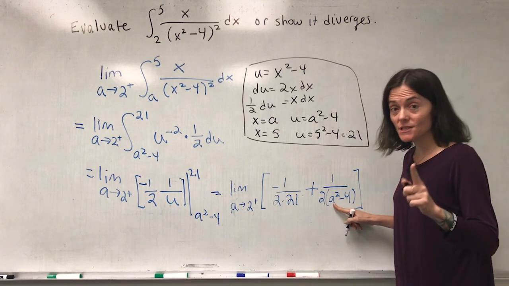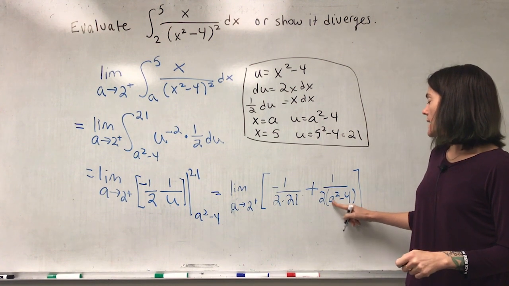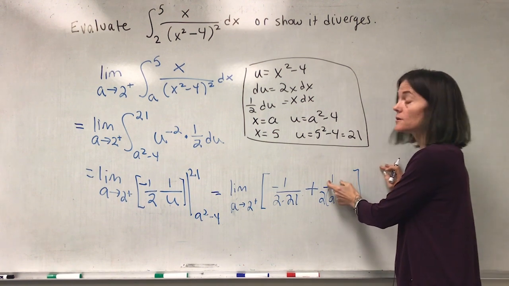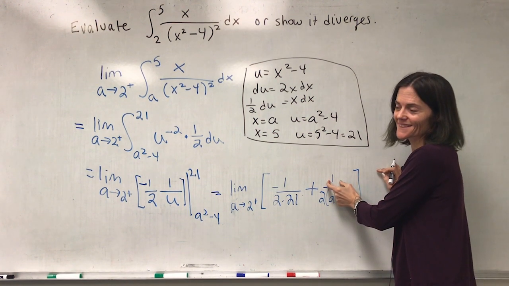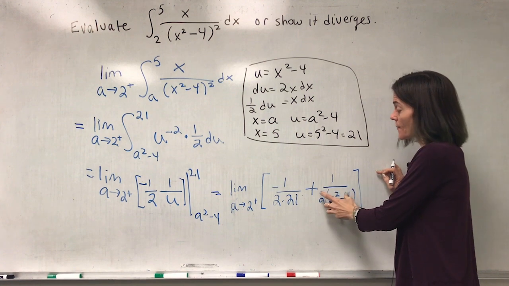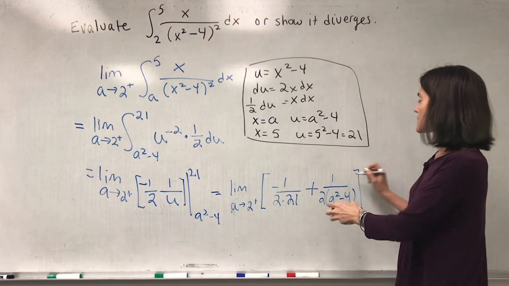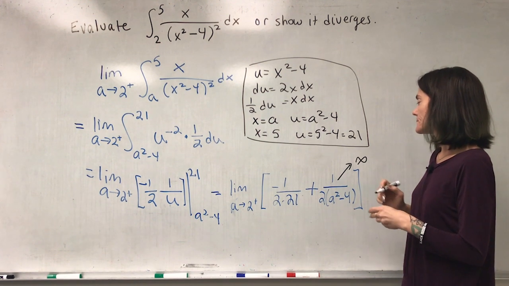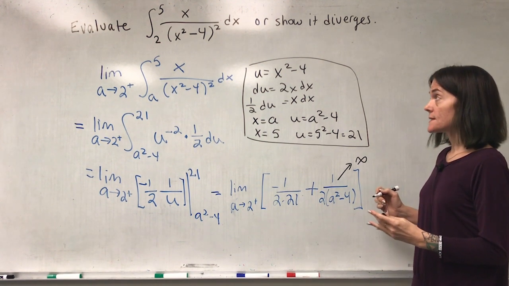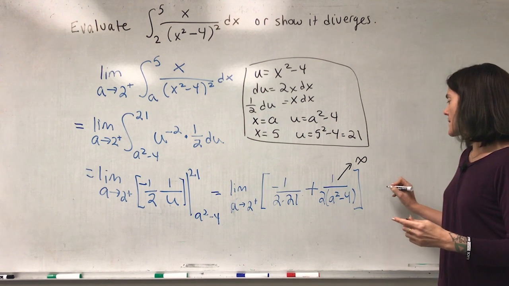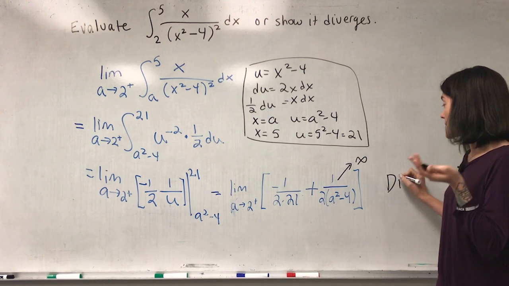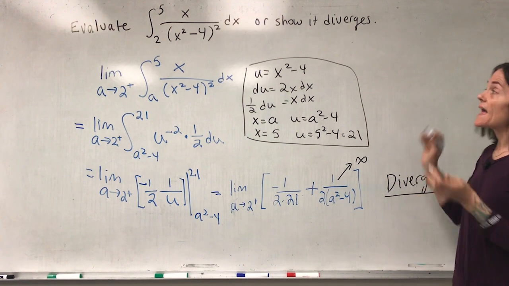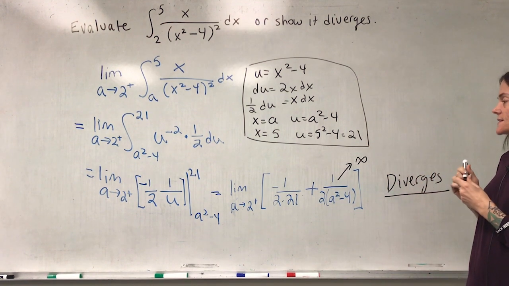Well, as a goes to 2, this quantity, a squared minus 4, is going to 0. So we have a numerator 1 fixed. The denominator is shrinking to 0. So this fraction is going to infinity. What that means is that this limit does not exist because it's infinite, and the improper integral diverges.